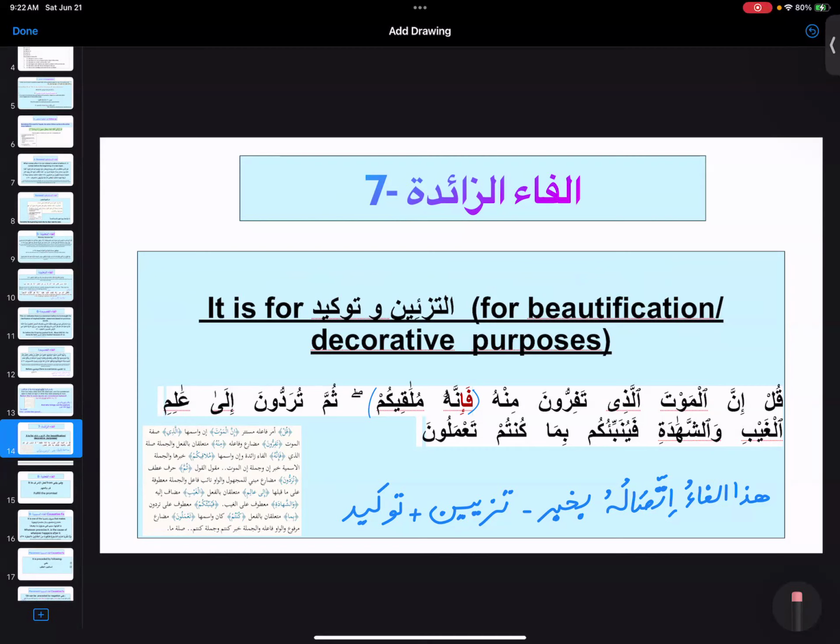Same as any other extra letters, this Fa is also used for beautification. If we are looking at Jumla Ismiya, this Fa can attach to the khabar of this Jumla Ismiya.